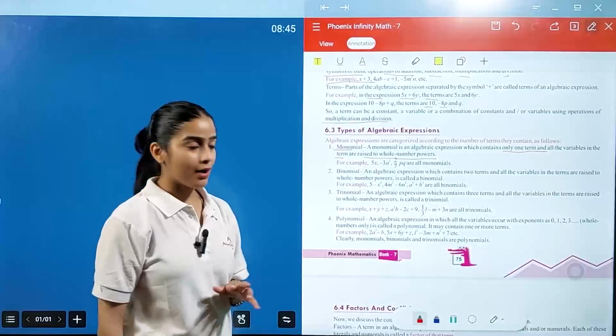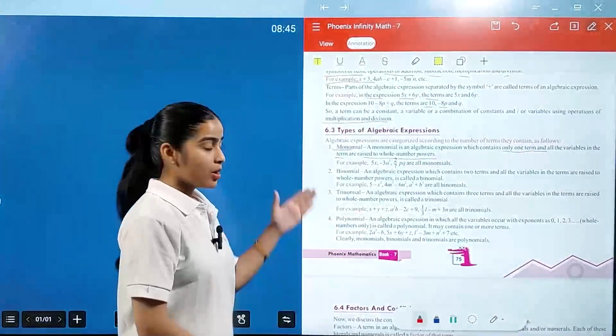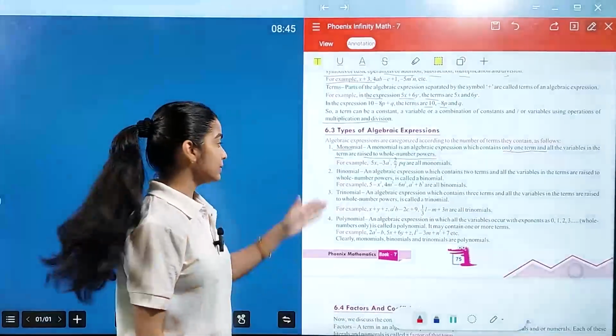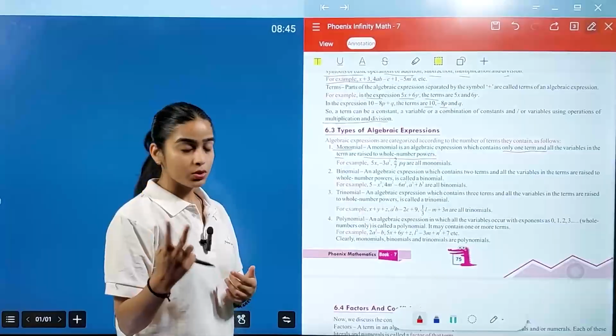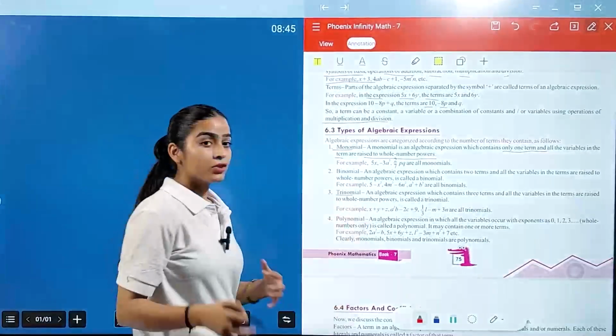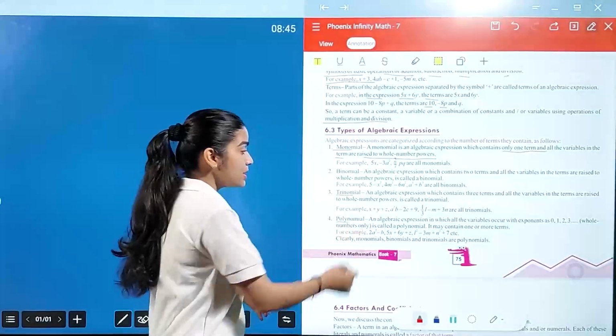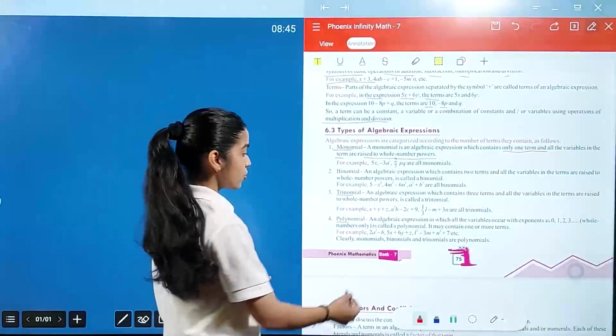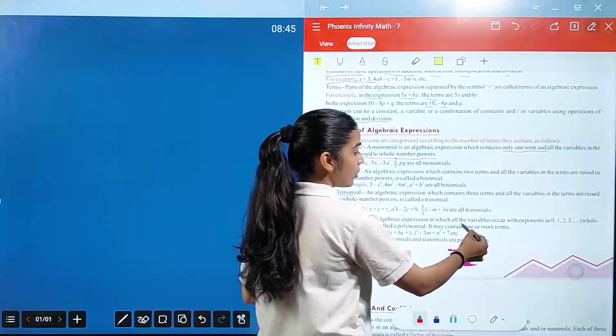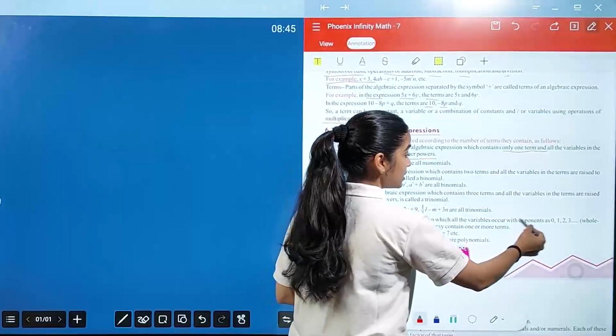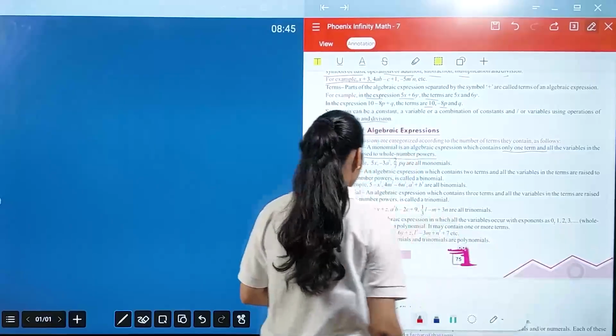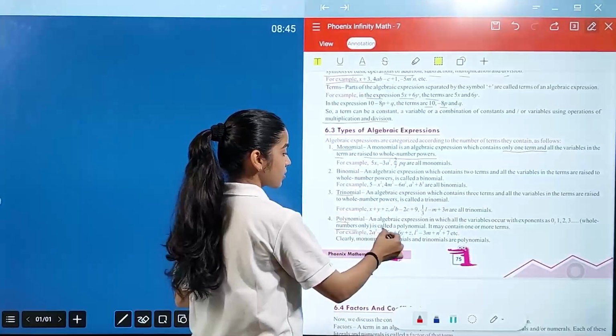You just have to take a hint from their names. Monomial means a single term. Binomial means two terms. Trinomial means three terms. Polynomial means more than three terms. An algebraic expression in which all the variables occur with exponents as whole numbers 0, 1, 2, 3 only is called a polynomial.